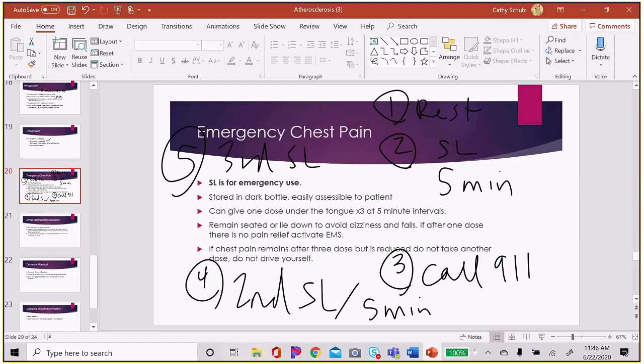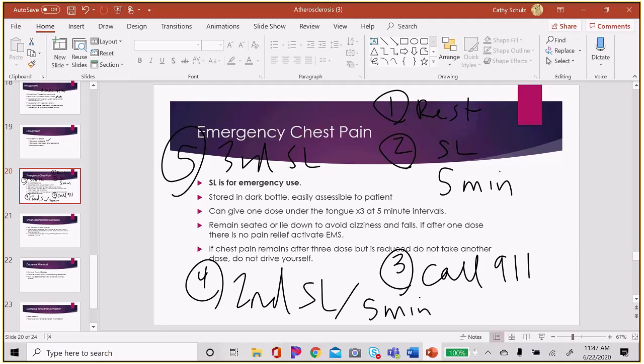Because the best thing we can do if they're having unstable angina or an MI is get them to the cath lab so that we can see if we need to do a stent or open up the coronary artery that's blocked, not working properly. There is a set time, the American Heart Association's time from the onset of chest pain to going to the cath lab and having an intervention or reestablishing blood flow is supposed to be 90 minutes tops.